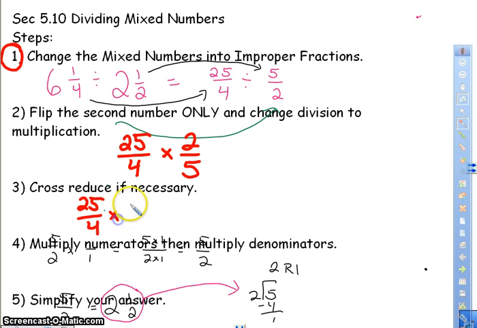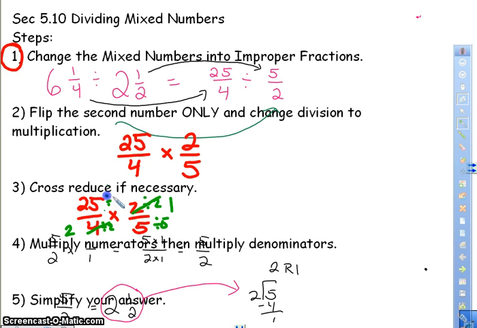Now we're going to cross reduce, and this is when cross reducing becomes very helpful, because as the numbers get bigger, it's going to be harder to simplify and multiply these numbers. So if we can divide and simplify or cross reduce our numbers before we start, it's just really going to help out.